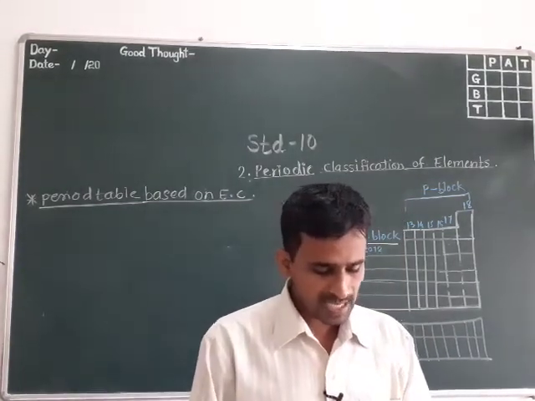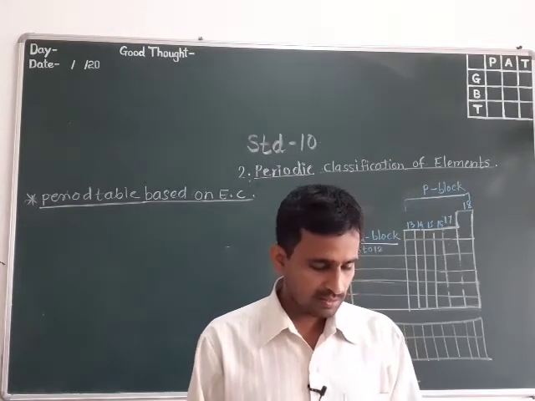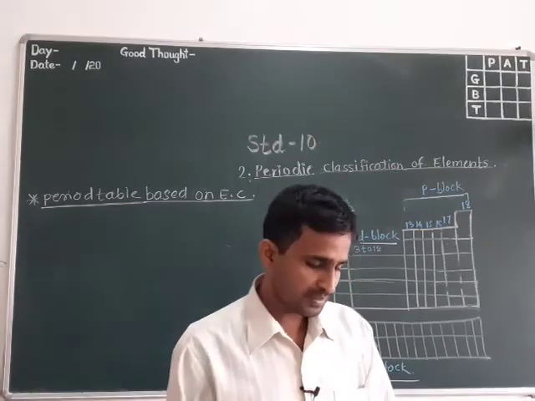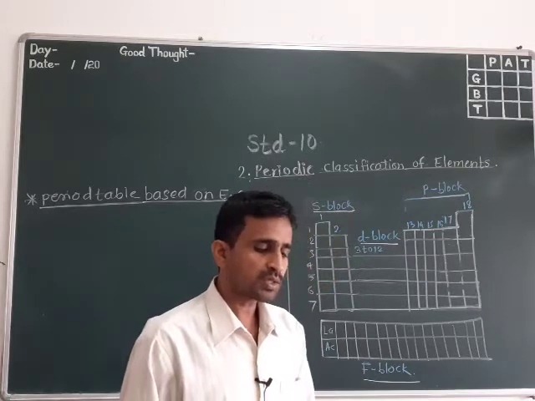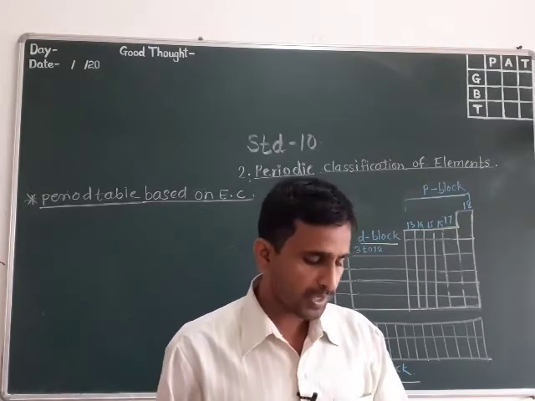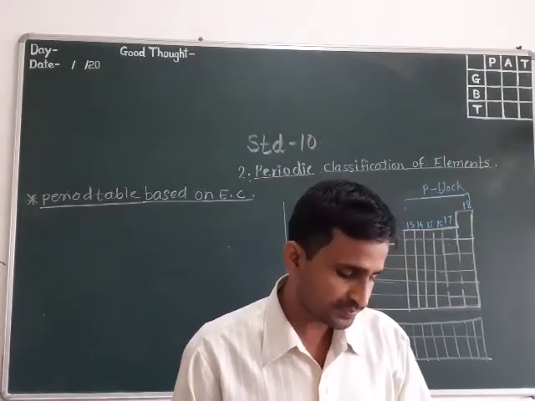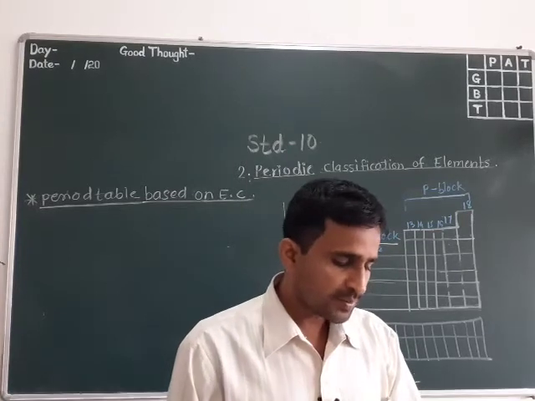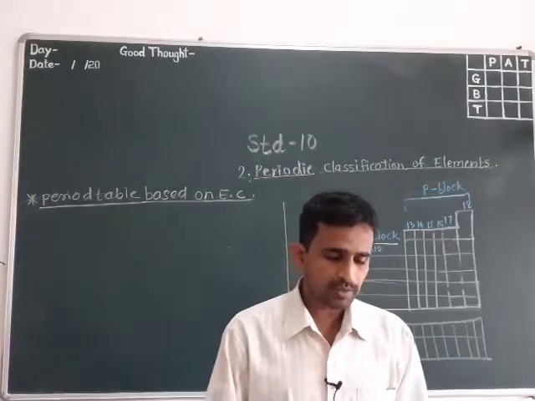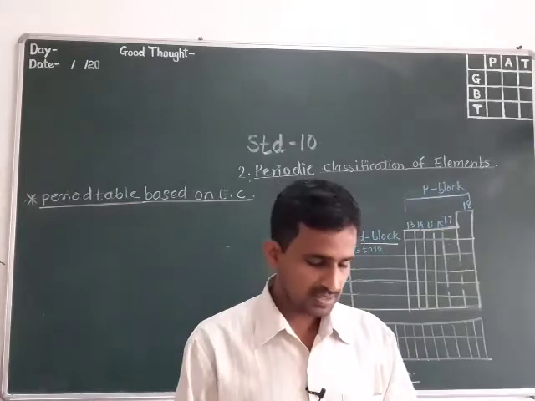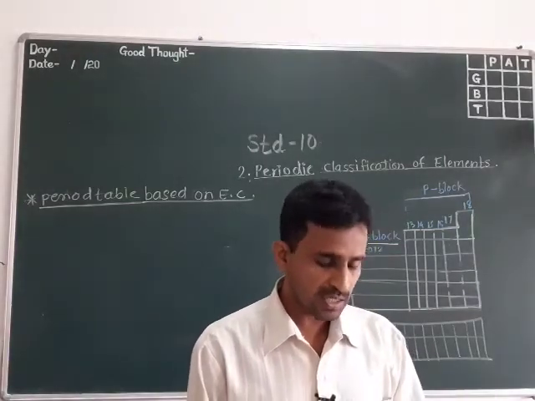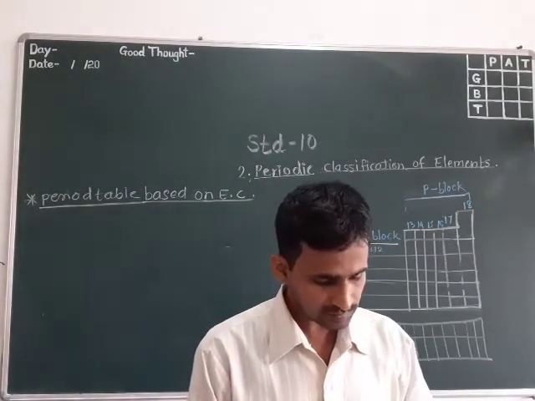All these elements are metals. For example, cobalt, nickel, copper, zinc are examples. They have 2 electrons in the outermost shell.